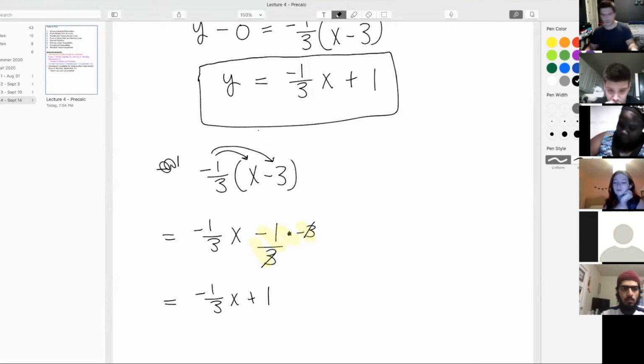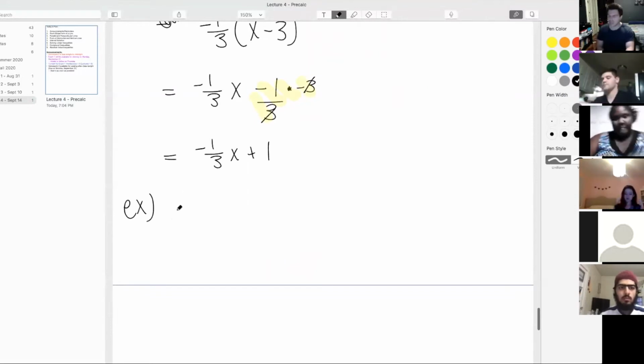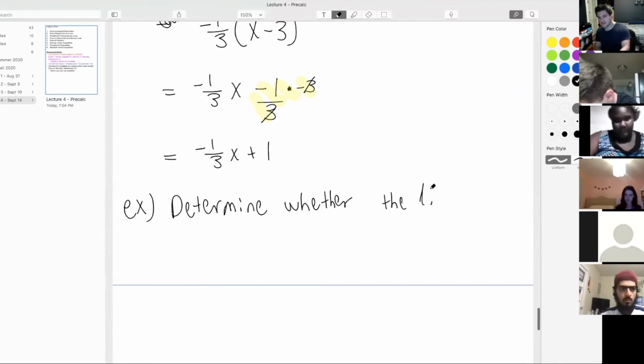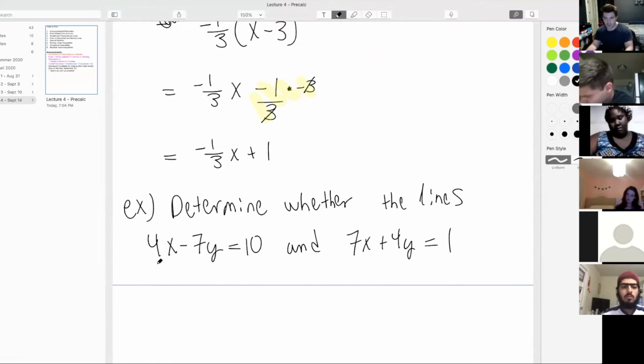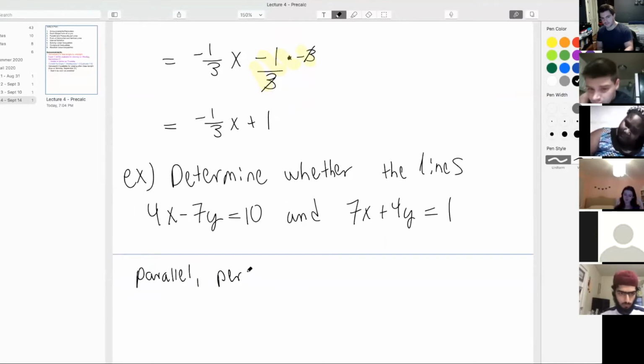So let's do a slightly different example, but it's still in the same topic. This will be something you'll see on the homework as well. Determine whether the lines 4x minus 7y equals 10 and 7x plus 4y equals 1 are parallel, perpendicular, or neither.